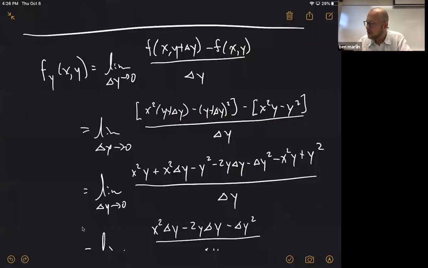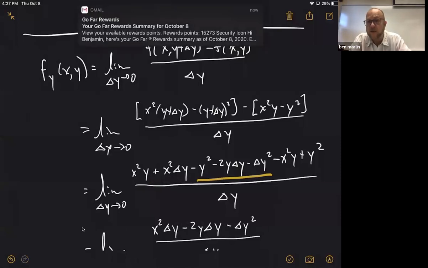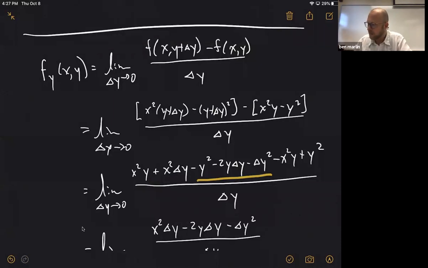So then you've got to algebra the heck out of this thing, and we get this kind of messy bit here, all right? All I did with the first piece of it was to distribute that x squared across, but with the second piece, I multiplied out y plus delta y quantity squared, and then distributed a -1, okay?